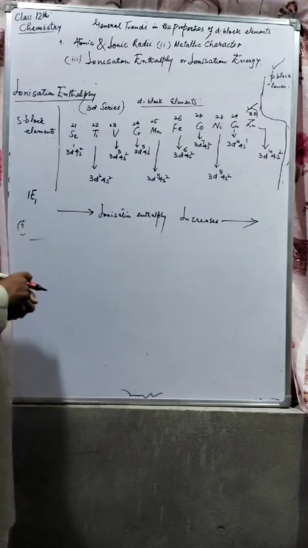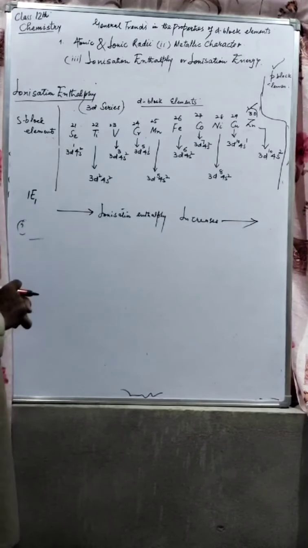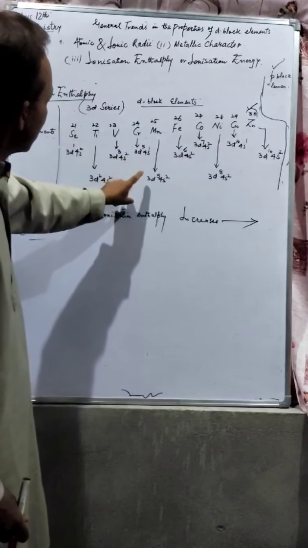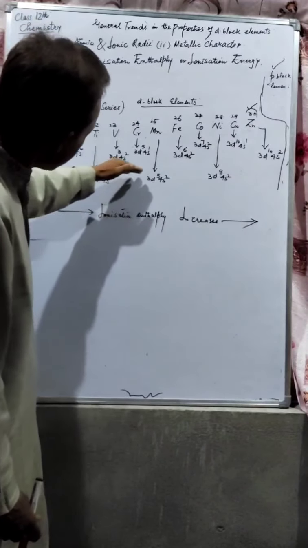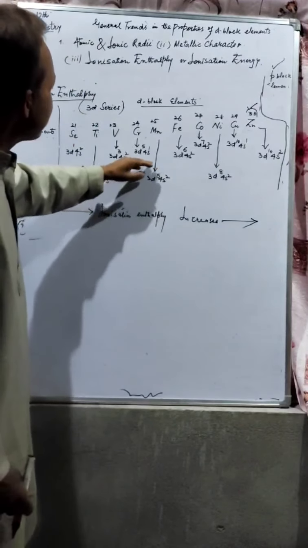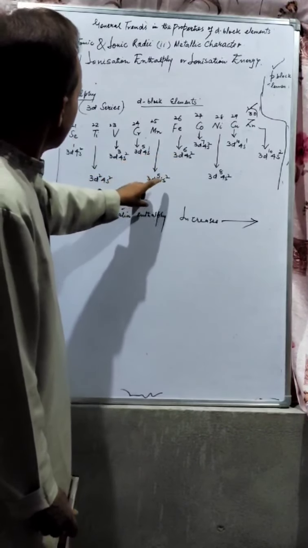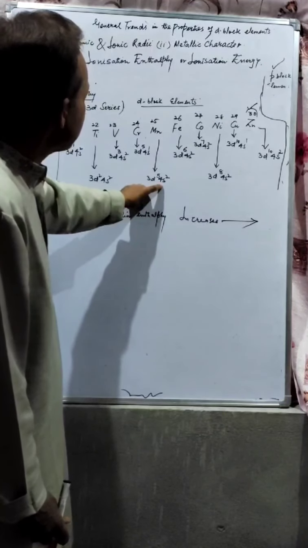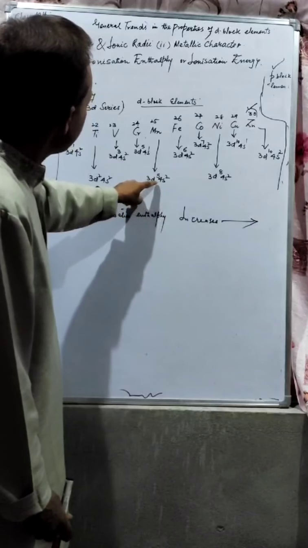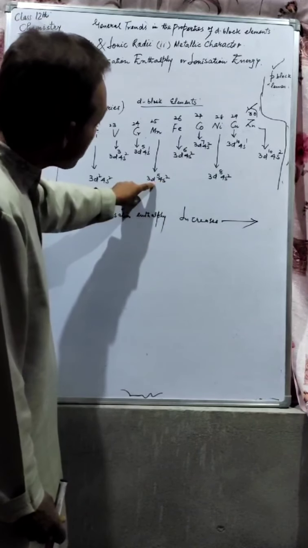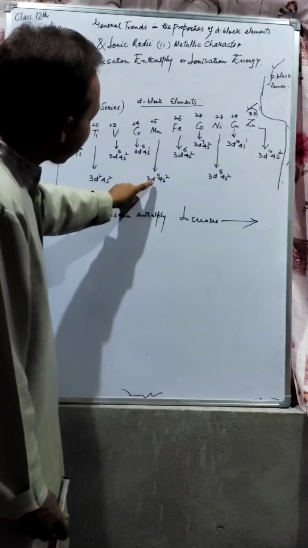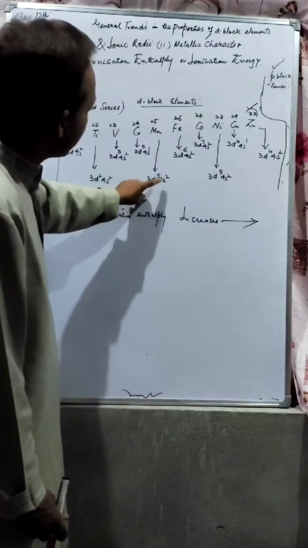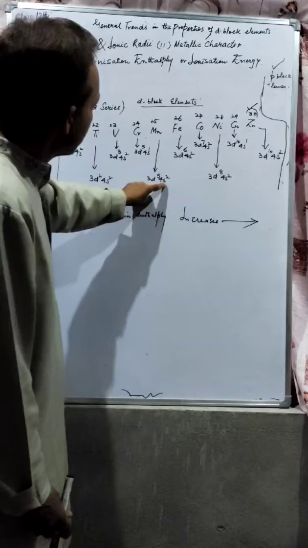Suppose we are taking the first transition series elements. The ionization enthalpy must increase, but for manganese, we have to remove the electron from the exactly half-filled configuration, and for zinc, the completely filled one.